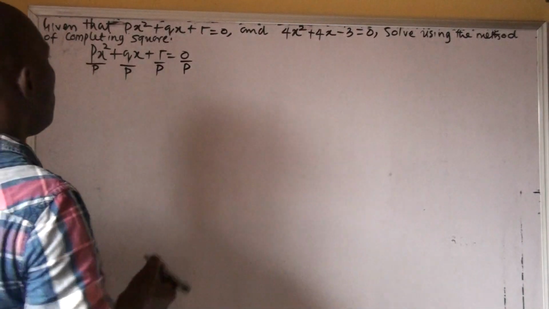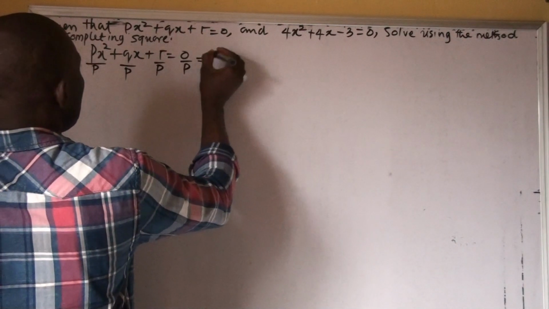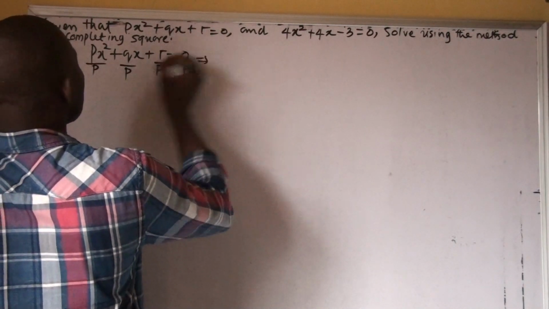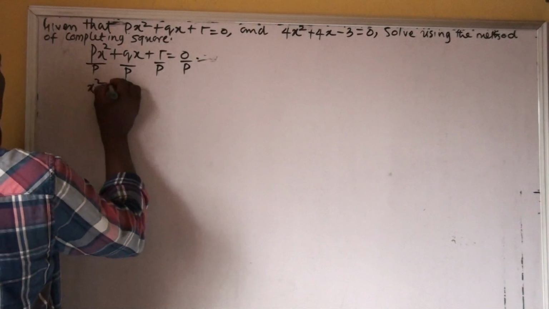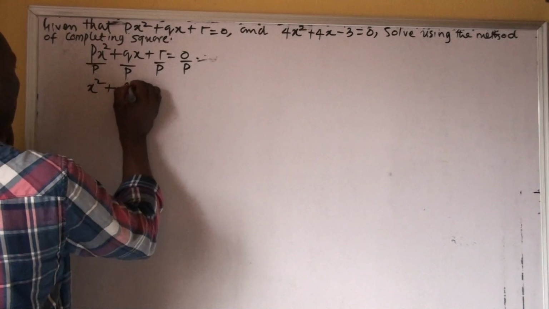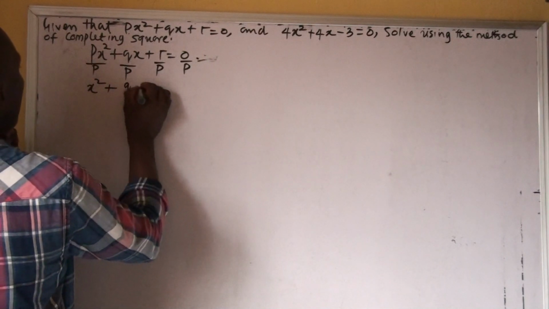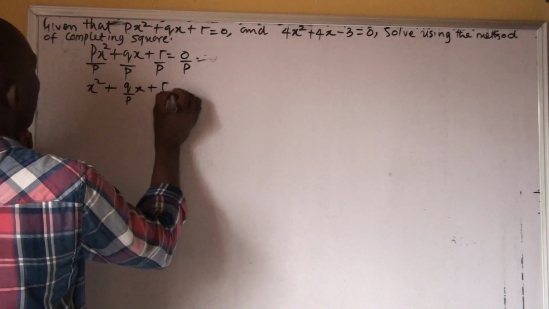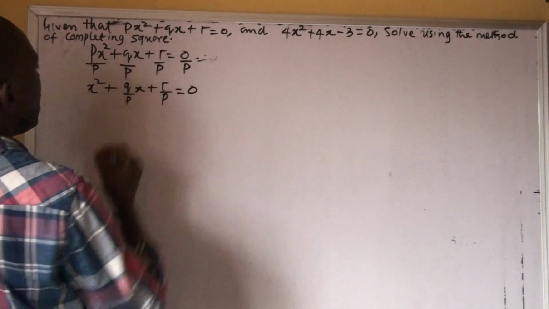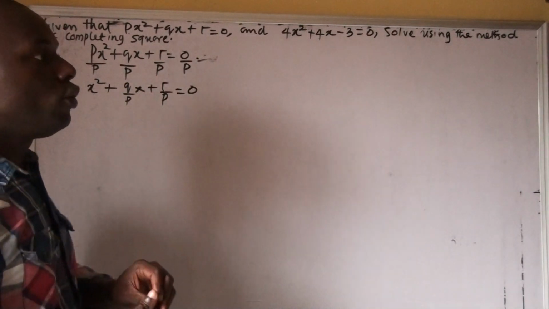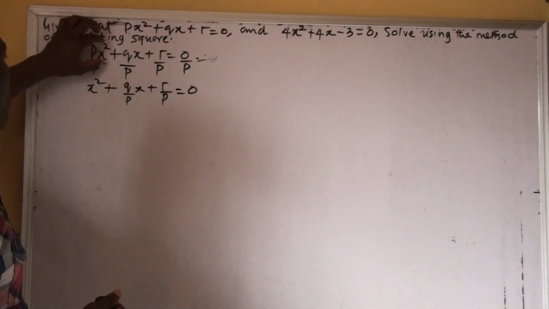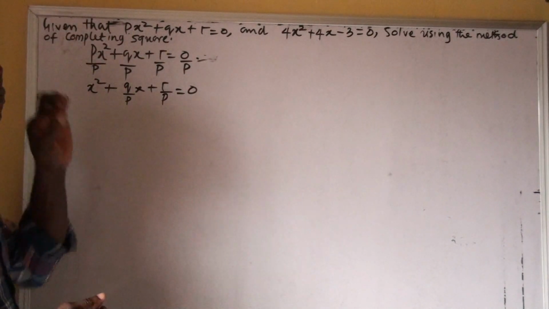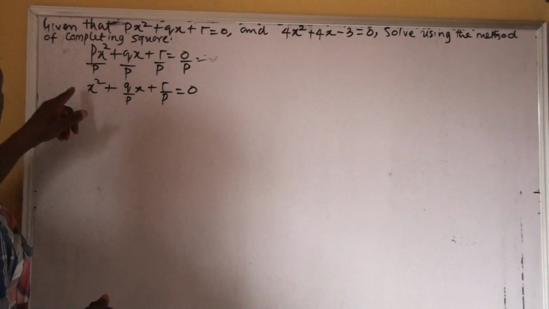So once we have done this, the expression becomes s square plus q over p x plus r over p equals 0. That is the first step you do. You must ensure that the coefficient of s square in the equation is 1. So that's what we have done.